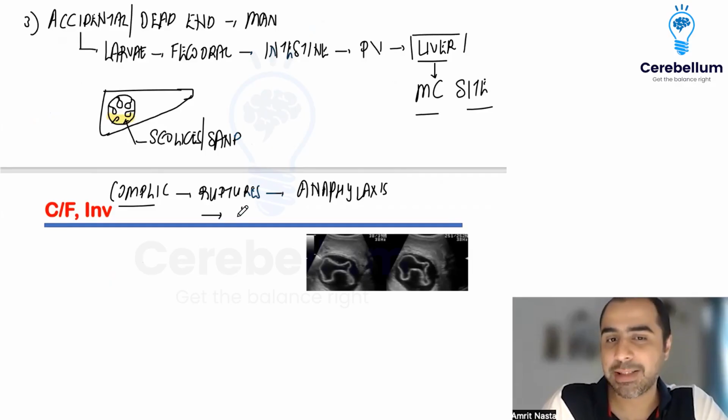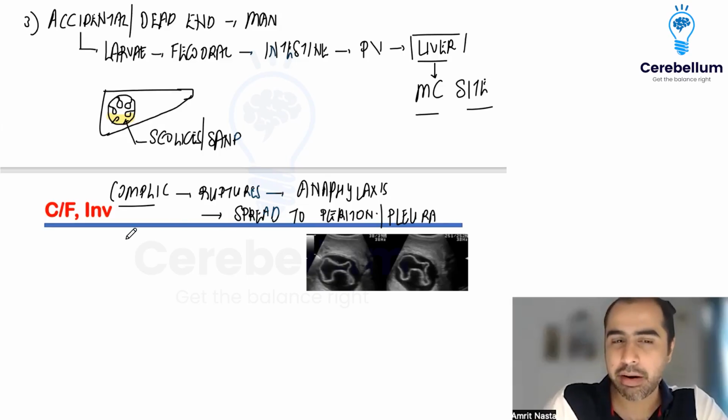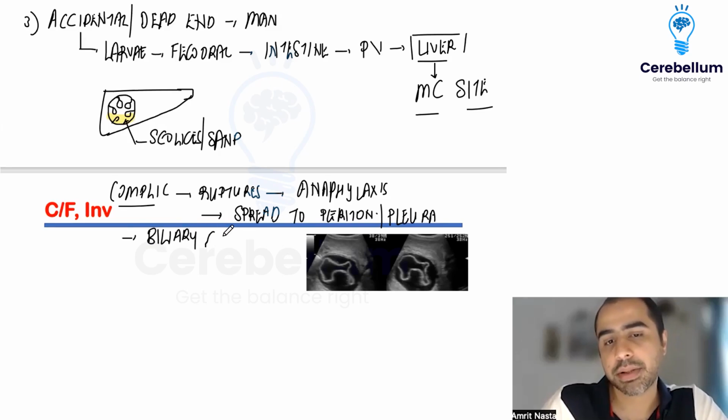More than that, it can spread to the peritoneal cavity, or it can spread to the lungs. So it can spread to the peritoneum, or it can spread to the pleura because it has ruptured. And rarely it can cause biliary compression. The bile ducts in the liver can get compressed. But that's very rare.